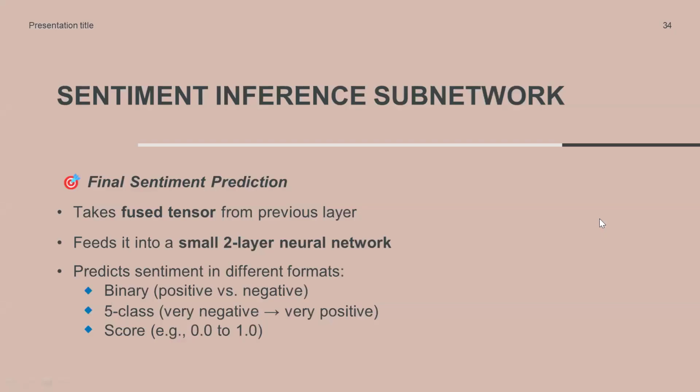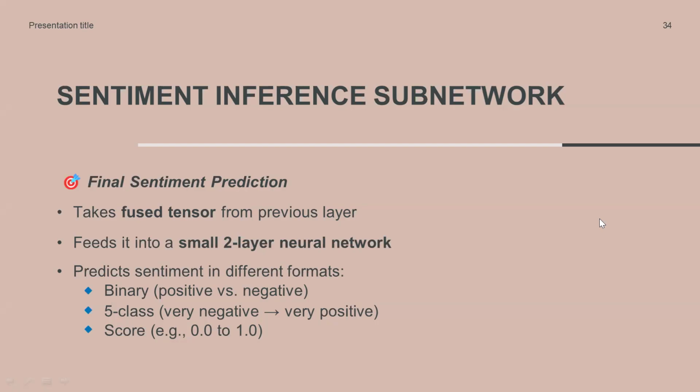Sentiment inference subnetwork. After generating the fused tensor, the final sentiment prediction takes the fixed fused tensor from the previous layer and passes it through the sentiment inference subnetwork. This is where the actual sentiment prediction happens.